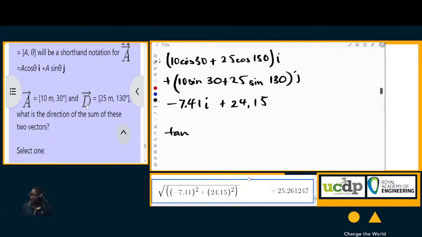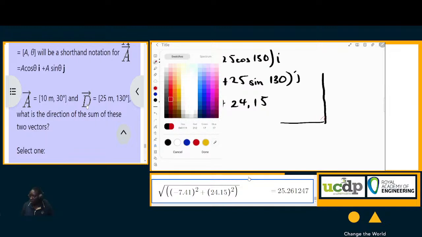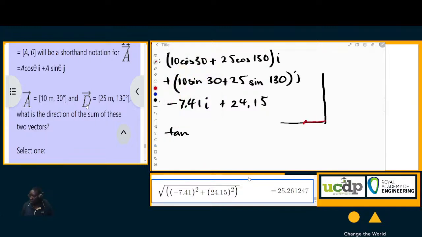So remember, if it's minus 7.4 I, if you put it on a Cartesian, you have your vector, the minus 7.4 in that direction, and the 24.15 going in the y direction as 24.15 up there.